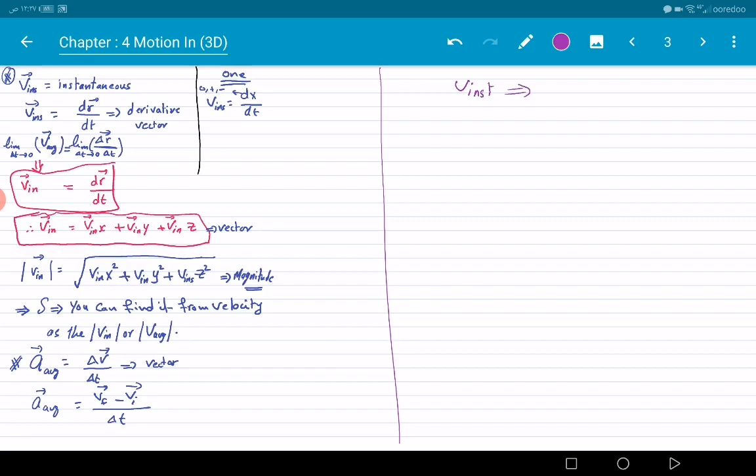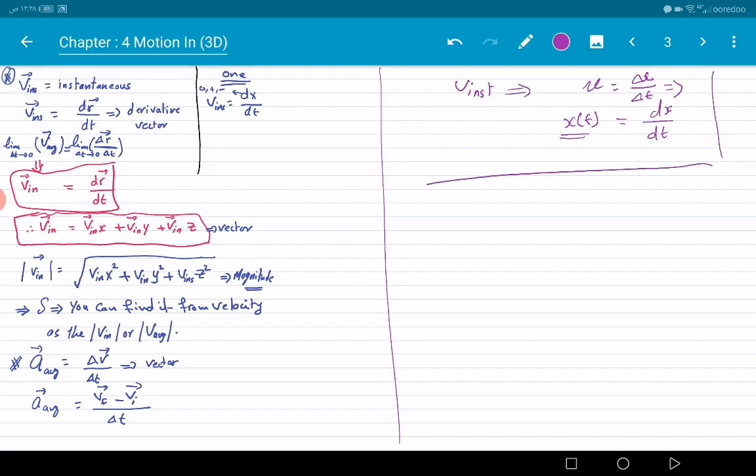So in chapter 2 we know v is equal to delta x over delta t, and also if I have an x of t function, we can find the velocity as the first derivative dx divided by dt.